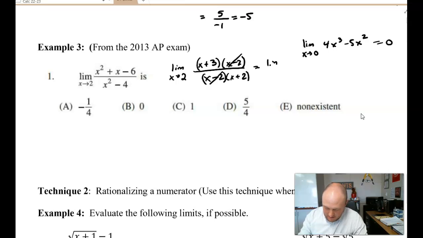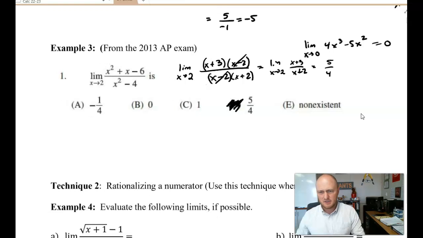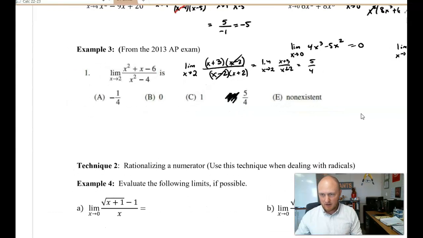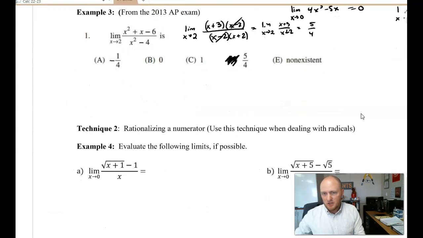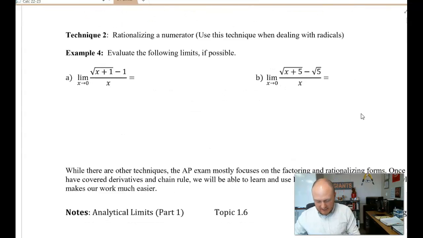So we have the limit as x approaches 2 of x plus 3 over x plus 2, which gives us 5 over 4. D. D is the answer. So if you got that, good job. Okay, the second technique.